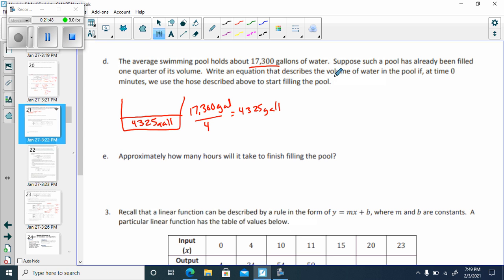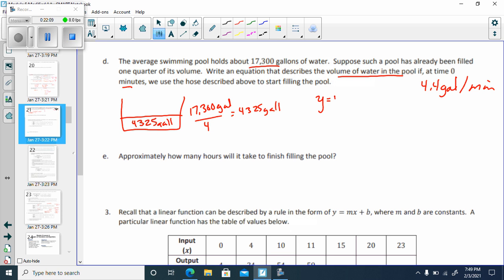Write an equation that describes the volume of the water in the pool if at 0 minutes we use the hose described above to fill the pool. Well, what hose do we have? It was running at 4.4 gallons per minute, right? So let's write the equation.